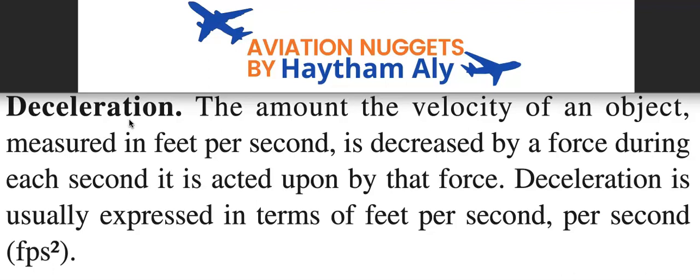Like low deceleration rate, medium deceleration rate, or maximum deceleration rate. Always the pilots will choose the low or medium deceleration rate for landing, but they always use the maximum deceleration rate before takeoff in case of aborted takeoff.